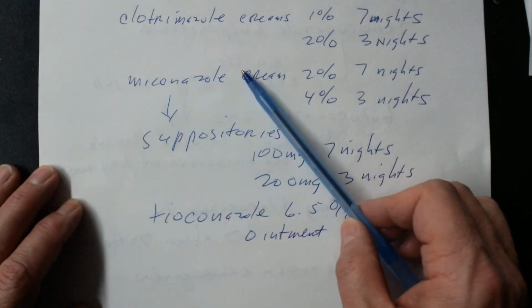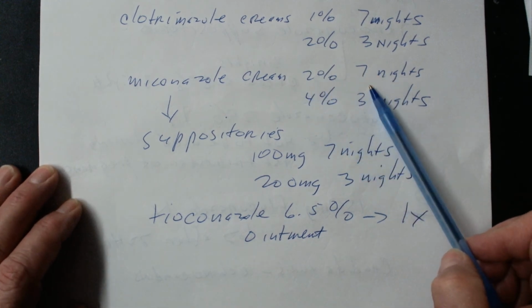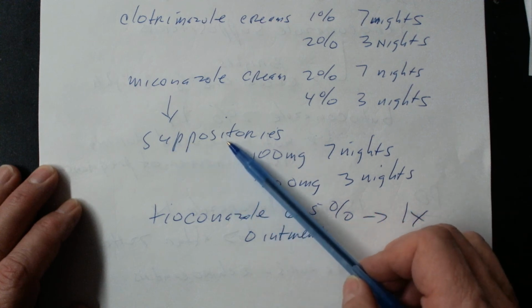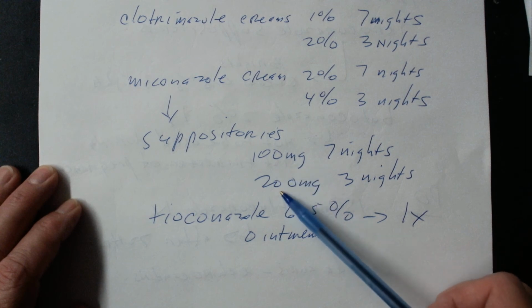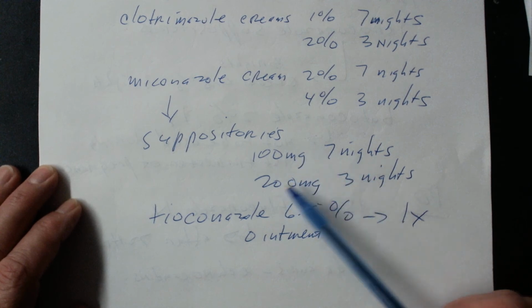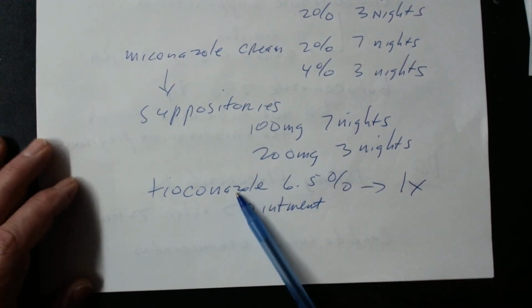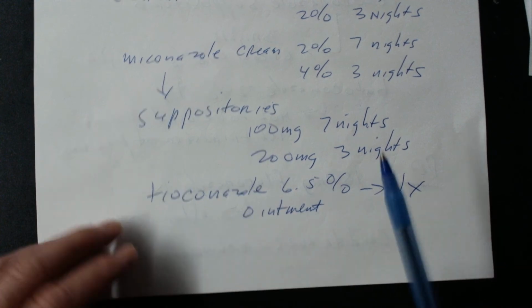There's a miconazole cream, 2 and 4%. 2% you treat for 7 nights, 4% for 3 nights. There's also miconazole suppositories, 100 and 200 milligrams. 100 milligrams you use for 7 nights, 200 milligrams you use for 3 nights. And then there's tioconazole ointment, 6.5%. That's just a one-off.